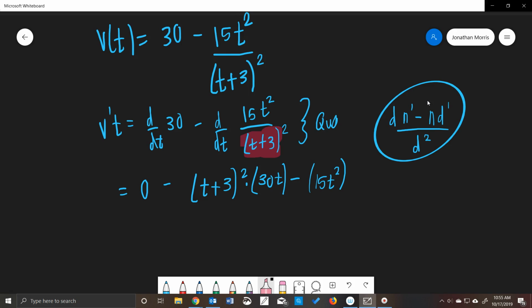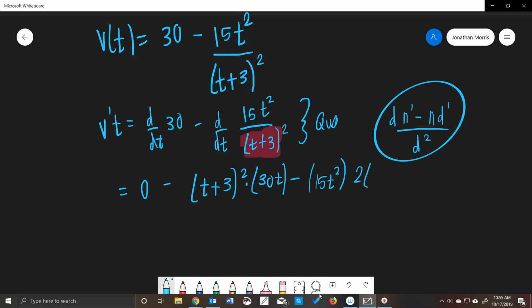Well, that derivative is a chain rule. So basically in this problem, you had a quotient rule, and within that quotient rule you had a chain rule in the denominator. So imagine that (t plus 3) squared as a u squared. Well, you would say 2u to the first power, okay? And I don't really refer to this as u substitution a lot, so I'm going to erase that u.